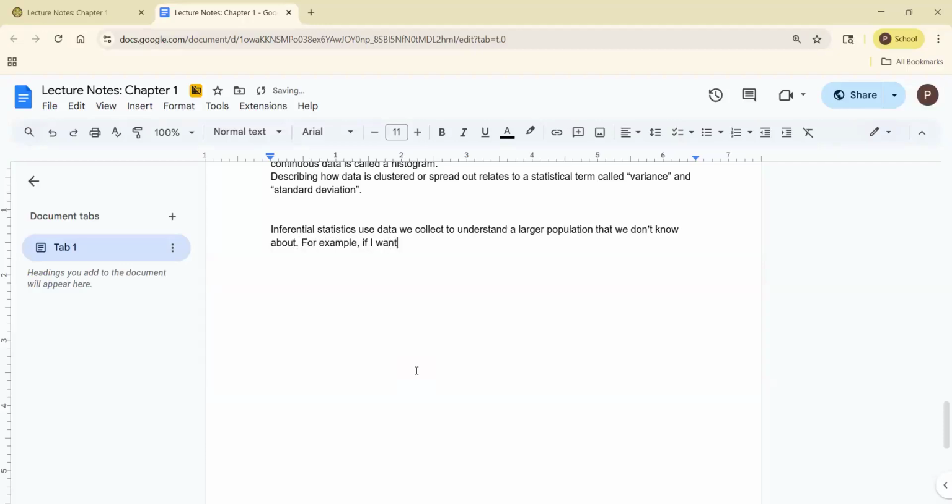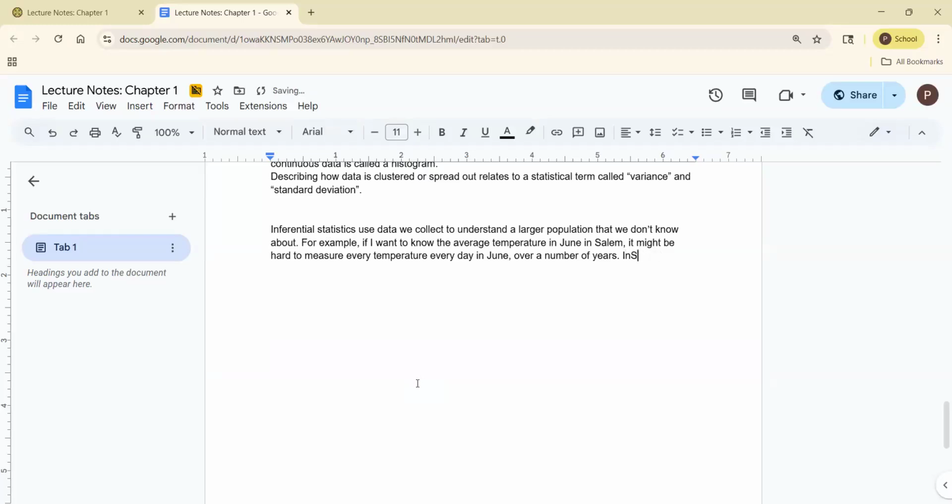For example, if I want to know the average temperature in June in Salem, it might be hard to sample or to measure every temperature every day in June, especially if I'm looking at the average temperature over a number of years.